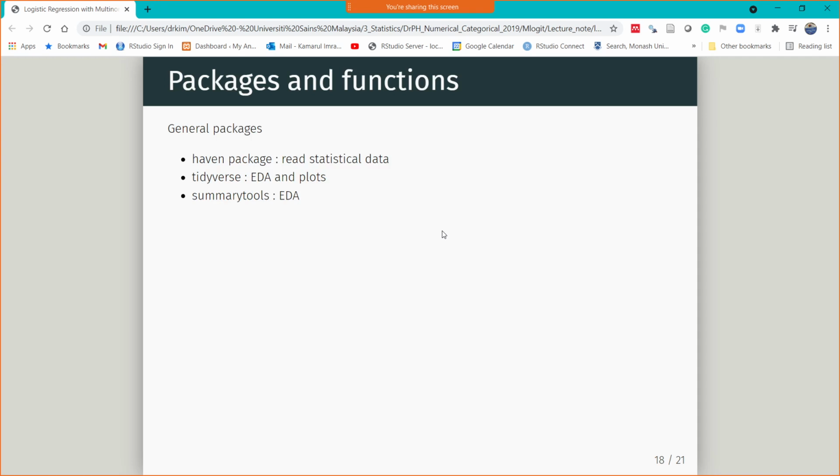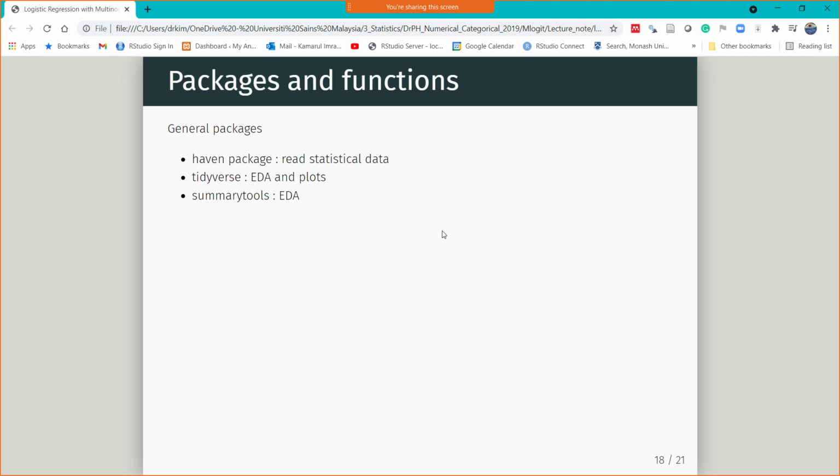The general packages, number one is haven, if your data is in Stata or SPSS or SAS format. If your data is in CSV, then you can use the readr package.